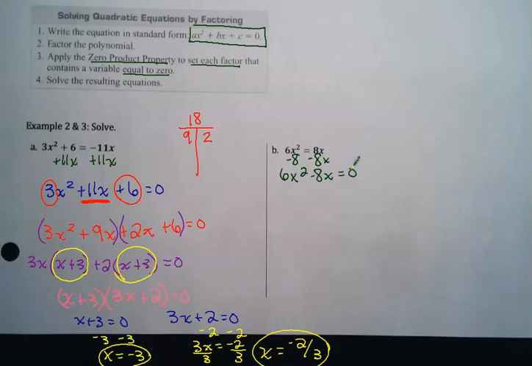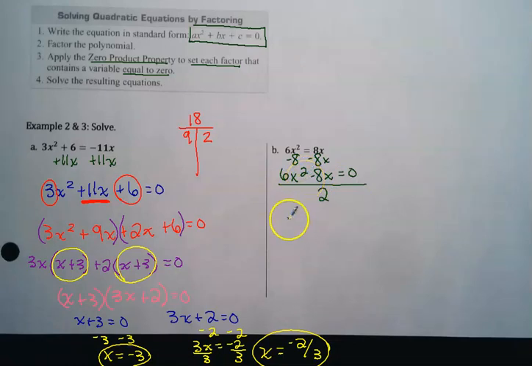I don't have to have the c necessarily. The other thing here that I can think about is 6 and 8, right? We talked about always factoring out the greatest common factor first. I could go ahead and divide this by 2. I could divide my whole equation by 2.